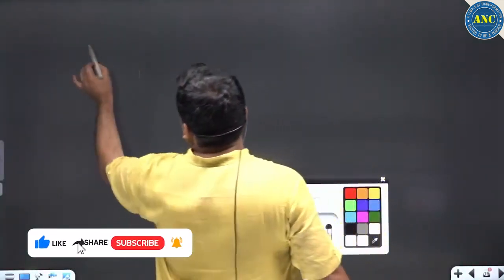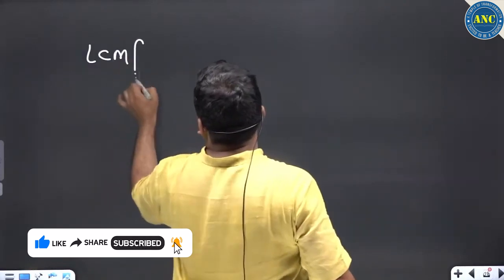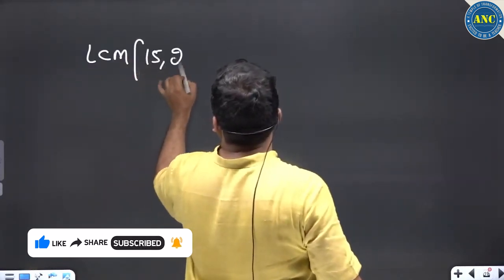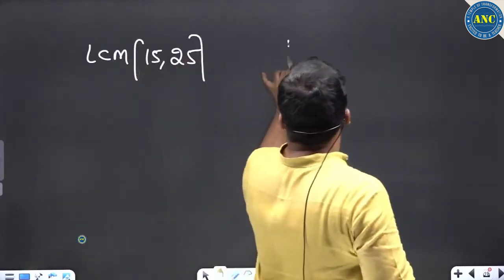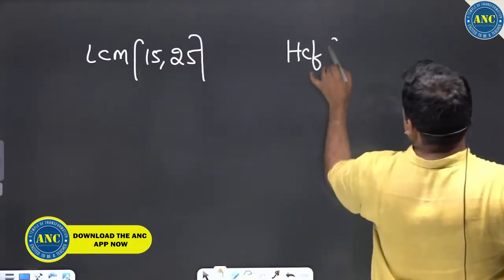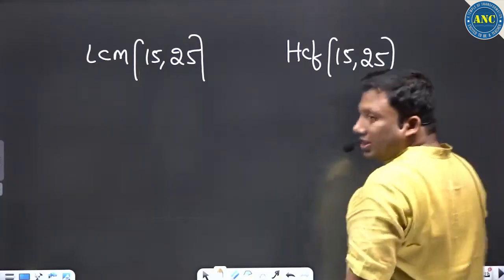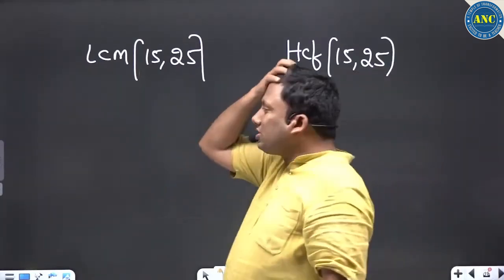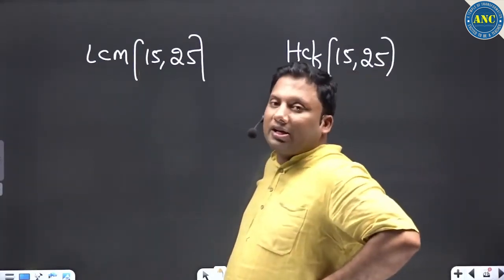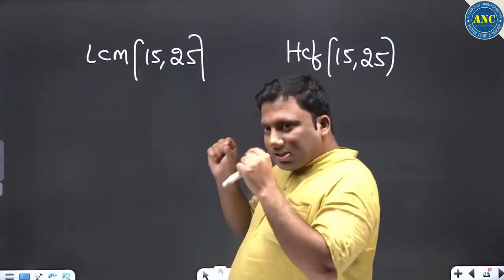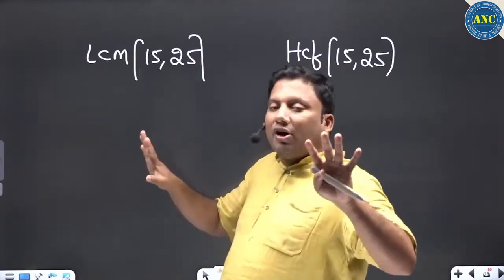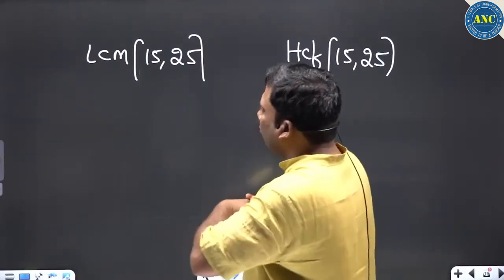LCM of 15, 25. This fourth example, if you understand it, HCF also you can do using an elimination approach.